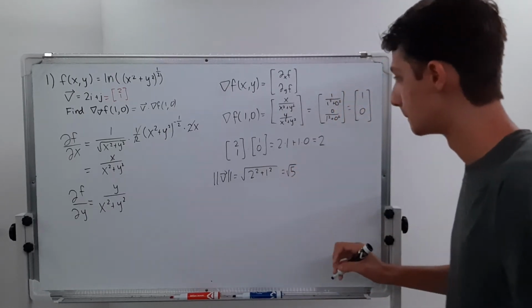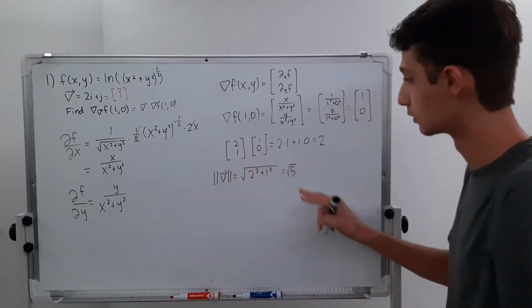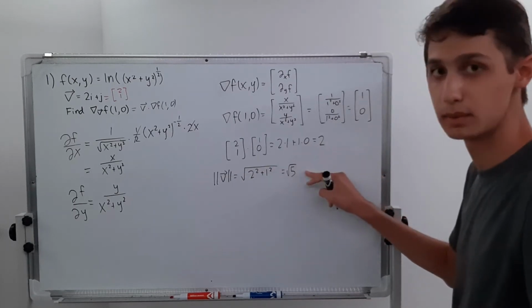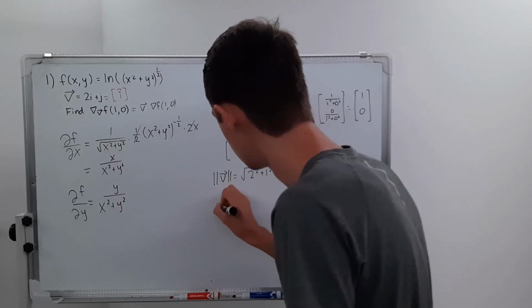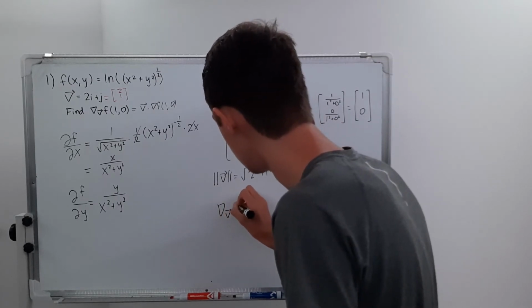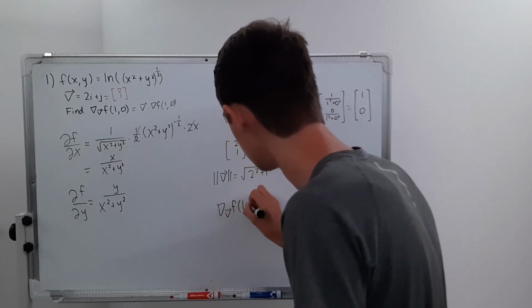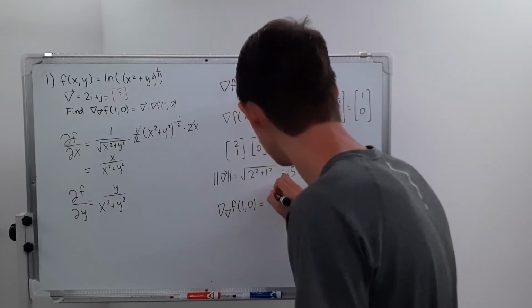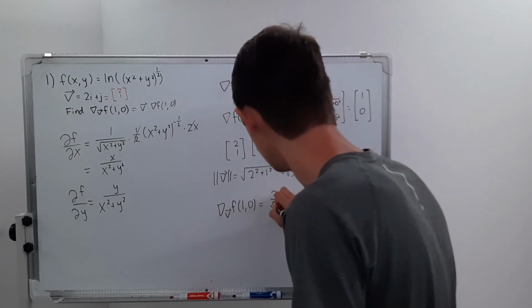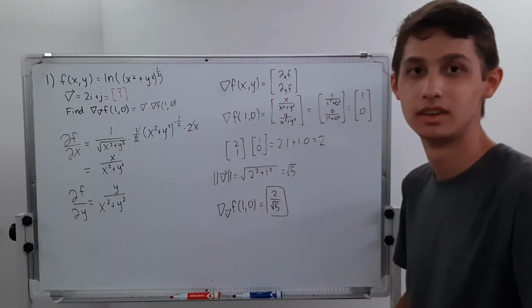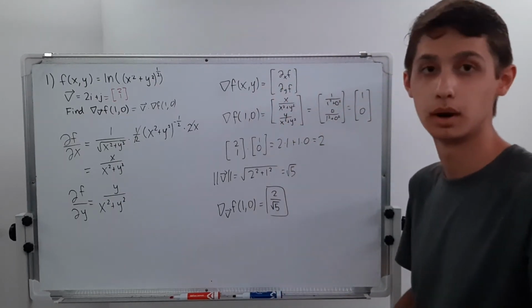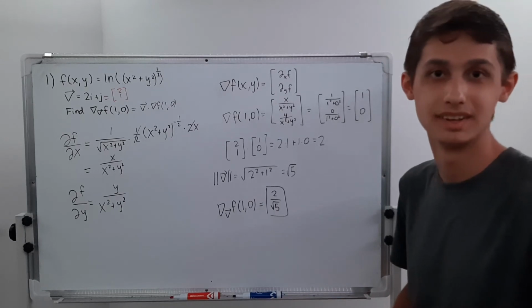So essentially what we're going to do now is take this, divide it by that, and therefore our directional derivative at (1, 0) is equal to 2 over the square root of 5. That is our answer.